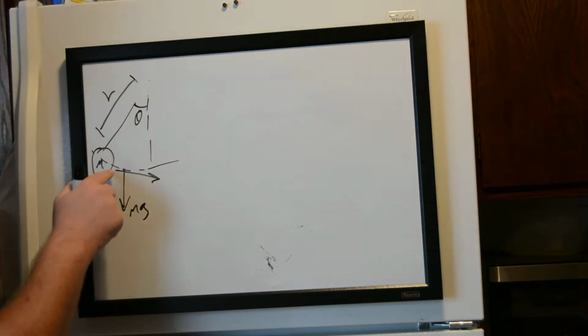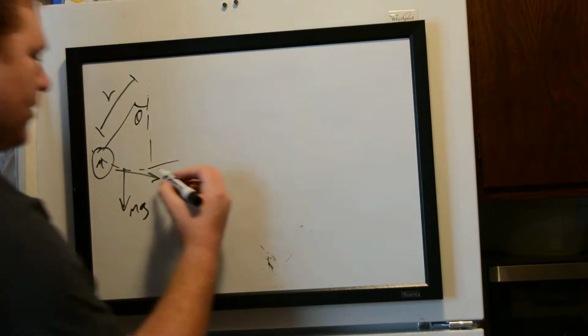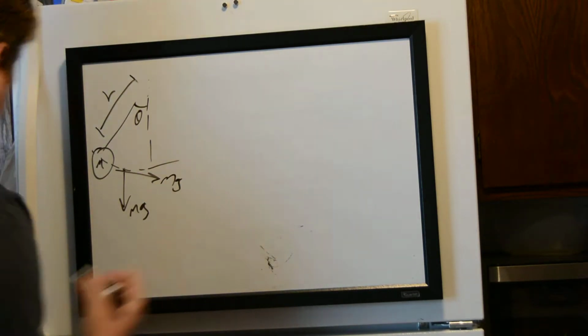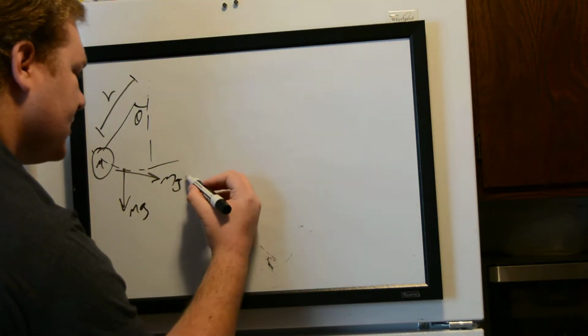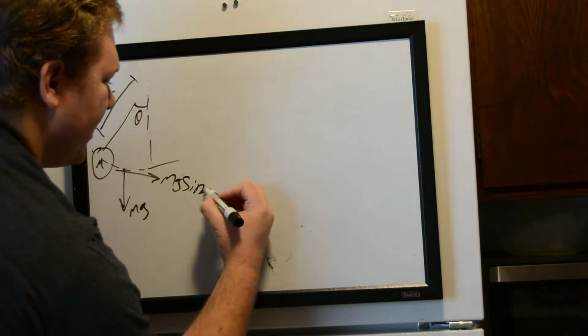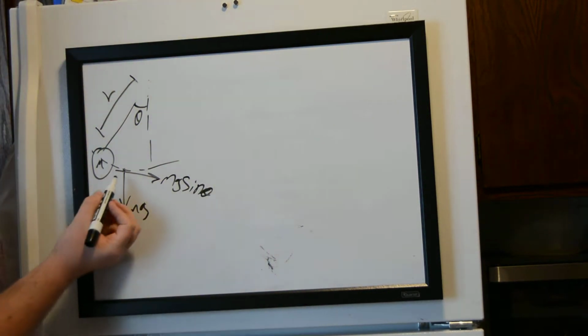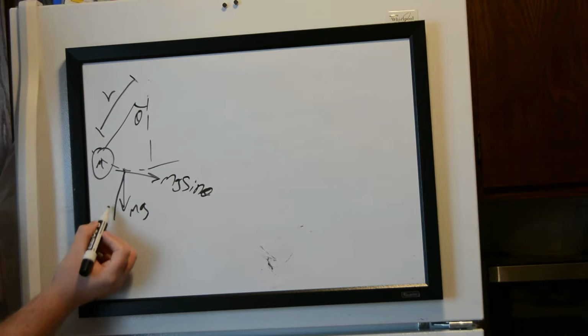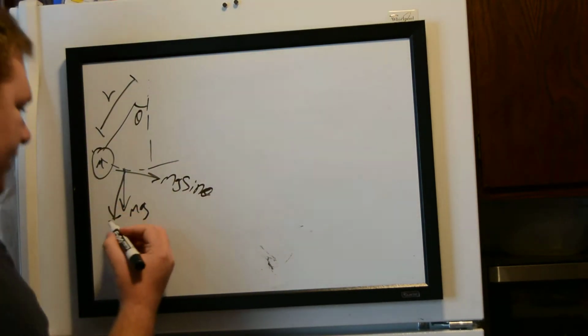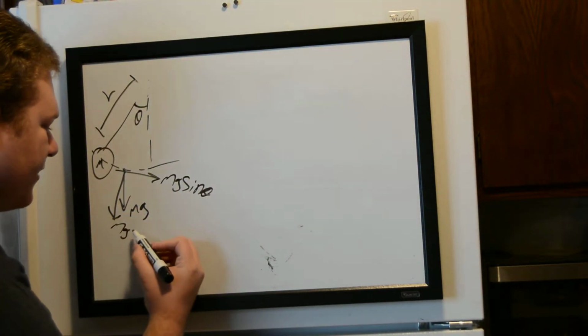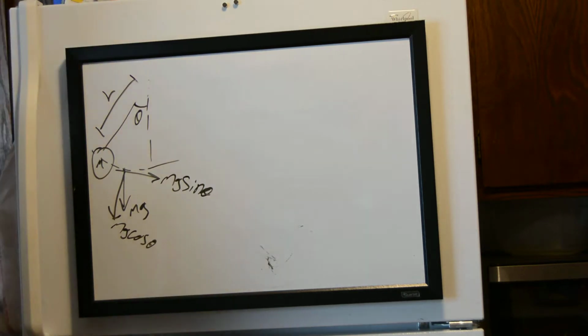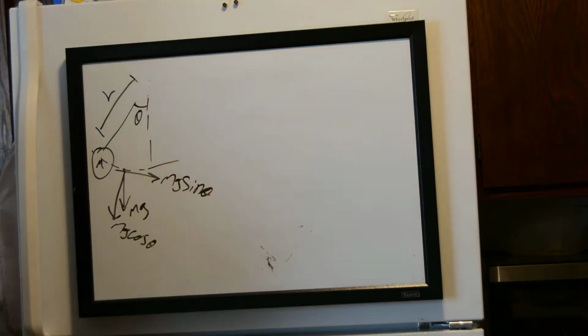Tangent to any point along that motion is going to be its weight, mass times gravity, times sine theta. And the line exactly perpendicular to that is going to be mass times gravity times the cosine of theta. And we have the sine and cosine there.